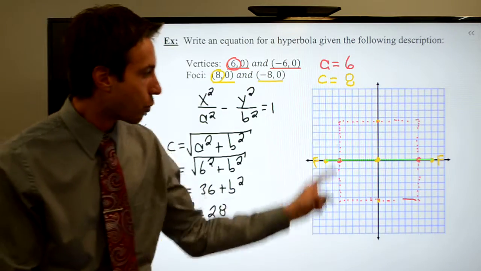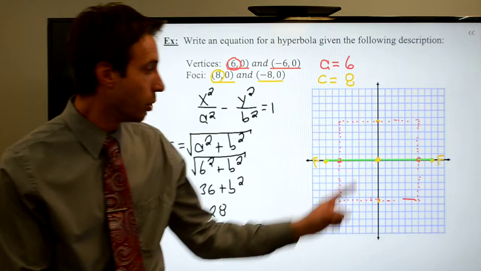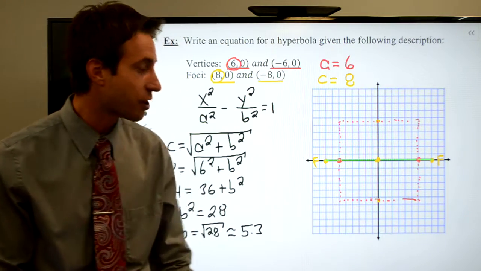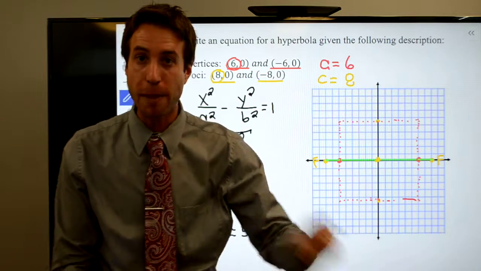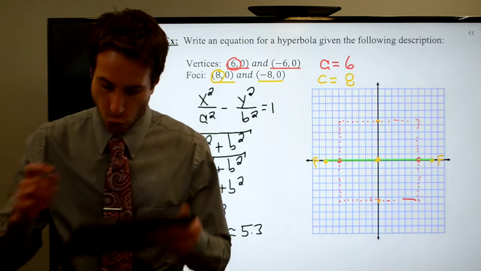Perfect. So there's my rectangular box that goes through the vertices and the co-vertices, and now I know my asymptotes run diagonally through that box from corner to corner.